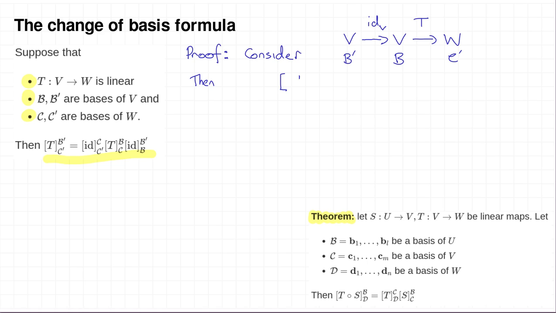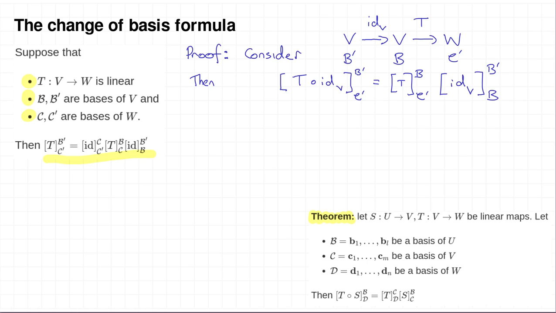Specifically, that T composed with the identity on V, the matrix of this with respect to initial basis B prime and final basis C prime will be equal to the matrix of T with respect to initial basis B and final basis C prime multiplied by the matrix of the identity on V with respect to initial basis B prime and final basis B. So this is an application of the theorem which we had in our last lecture.